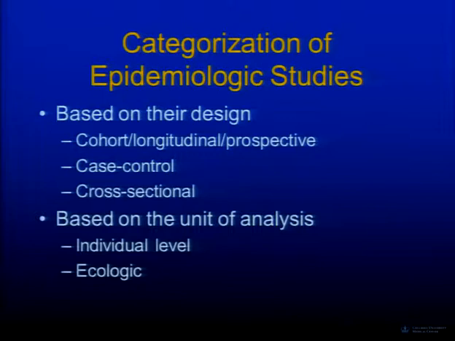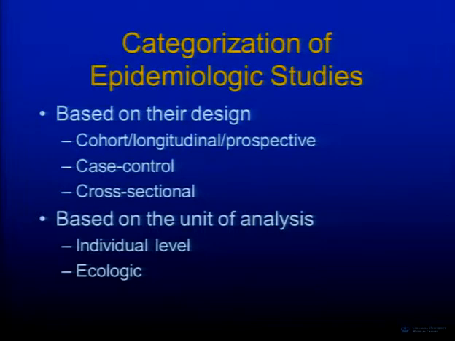We can categorize epidemiologic studies, which, remember, when you give me your 2 papers for this course, they all have to be epidemiologic studies. They can be categorized based on their design, so it might be that they're cohort or longitudinal, prospective. You'll hear all of these words in the readings that you do. It could be a case control study or a cross-sectional study.